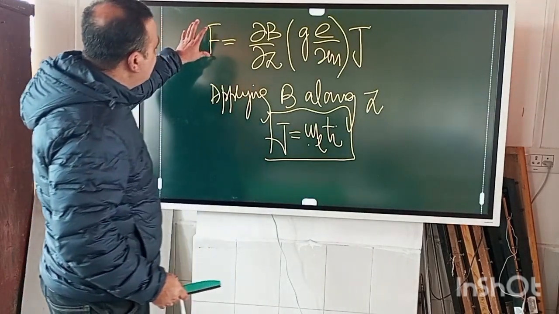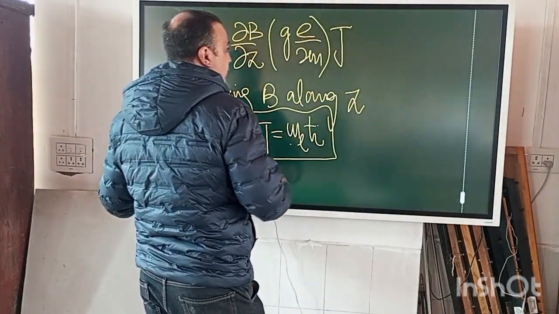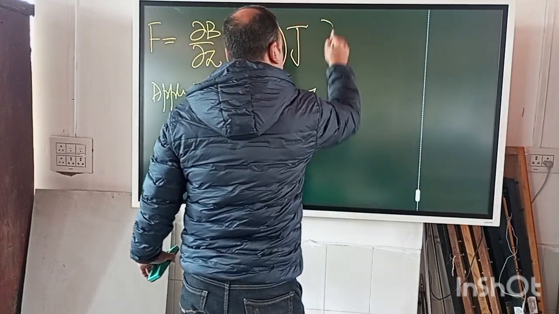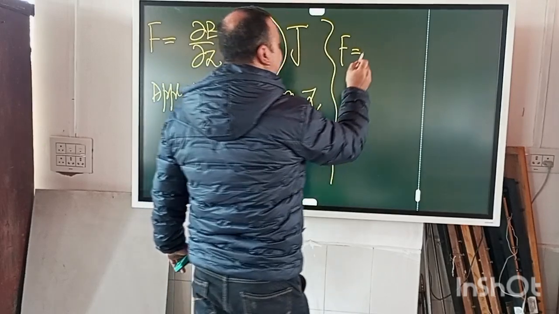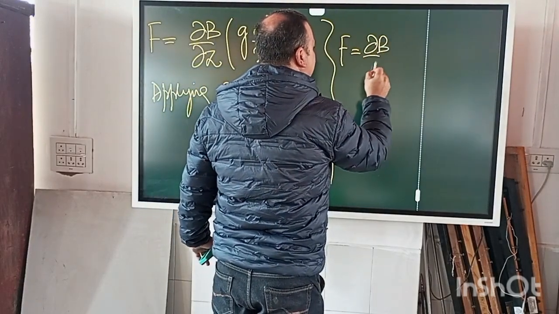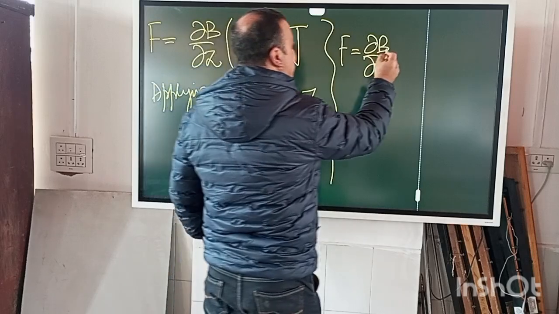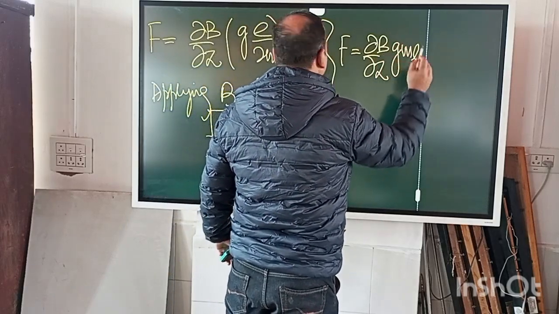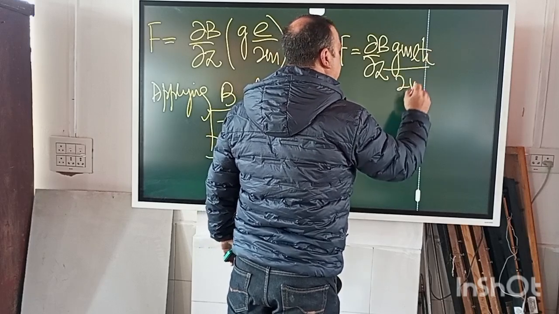So what will F be in our case? F is dou B by dou z, then you have G, M_L, and then h bar divided by 2m.